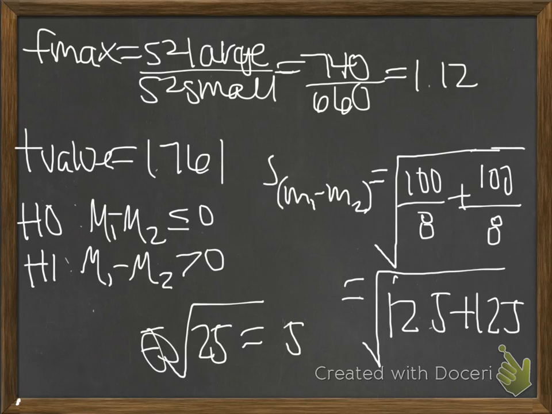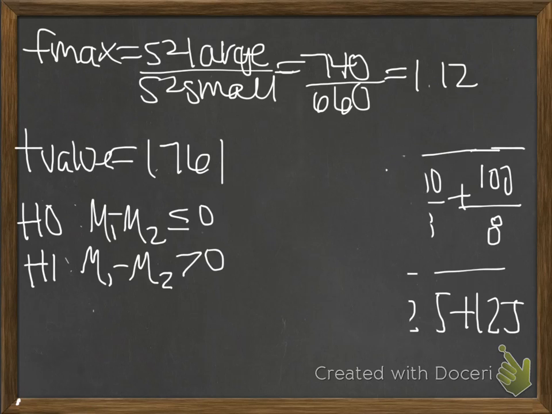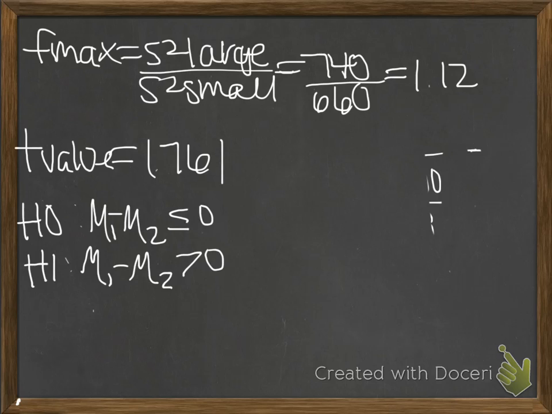So then we can erase that for more room. Okay, so now that we have our estimated standard error and our pooled variance numbers, we can plug those into our t observed.